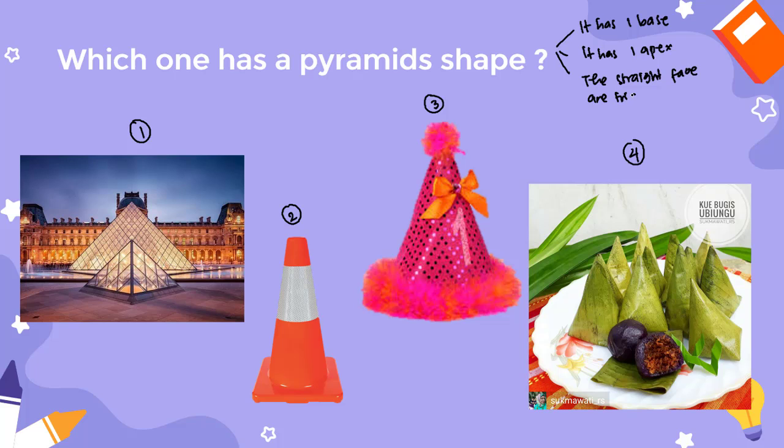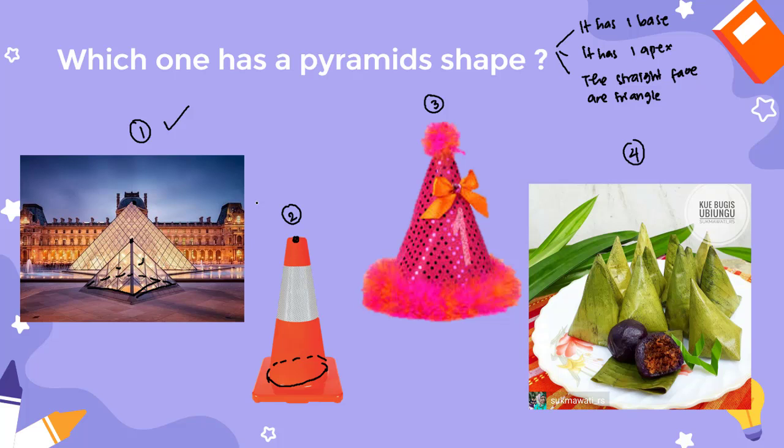Now let's take a look at the first picture, the Louvre Museum in Paris. The Louvre Museum has one base, so this is the base. And it also has one apex. So this is a pyramid shape. And the second one, the traffic cone, it also has one base, and it also has one apex as well, right?